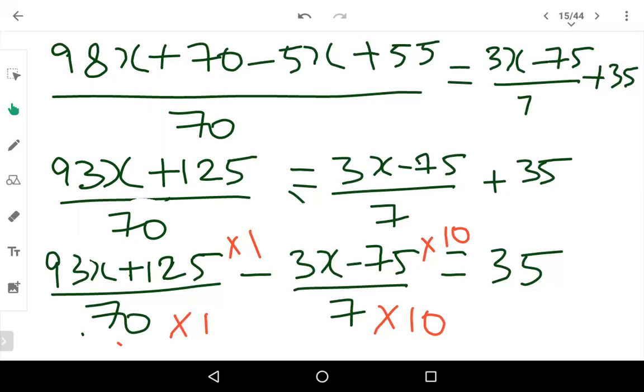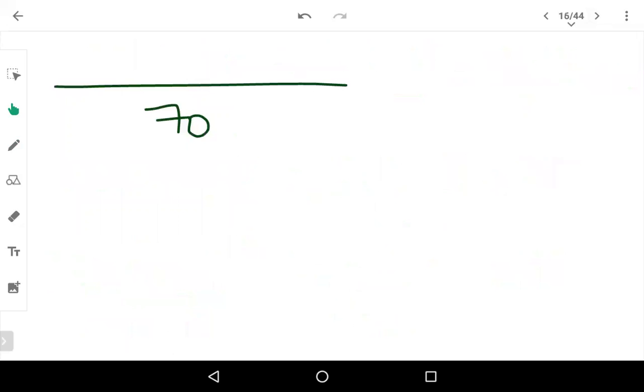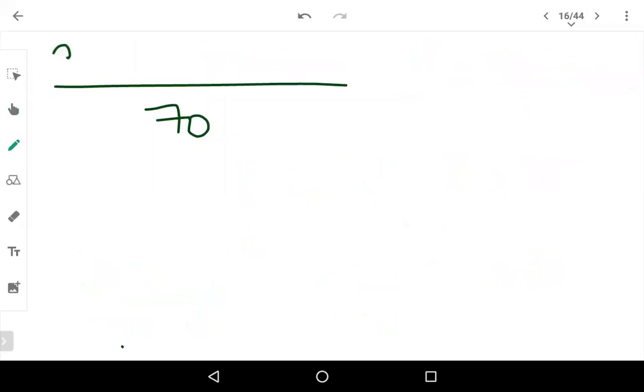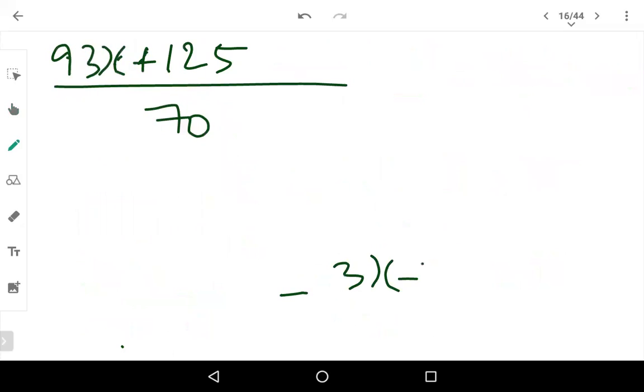Let us see in the next step what we are going to write. We will have 93x plus 125 as it is, but the other expression minus 3x minus 75 will be multiplied with 10.